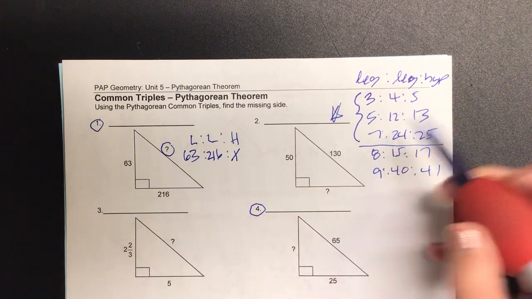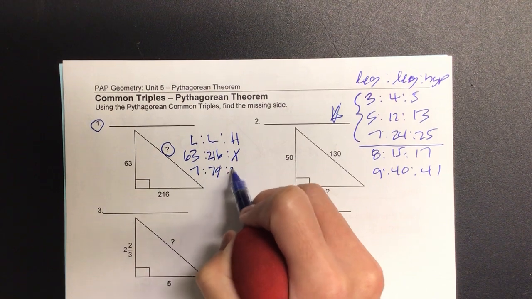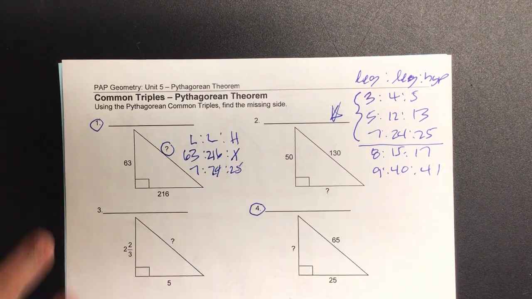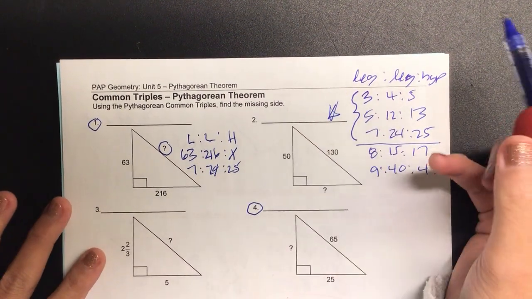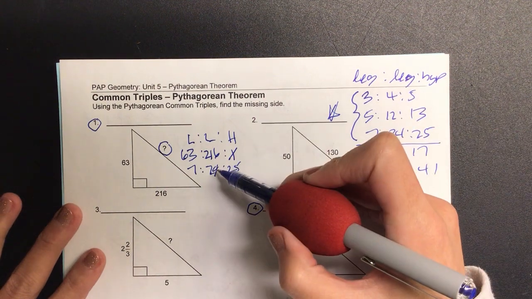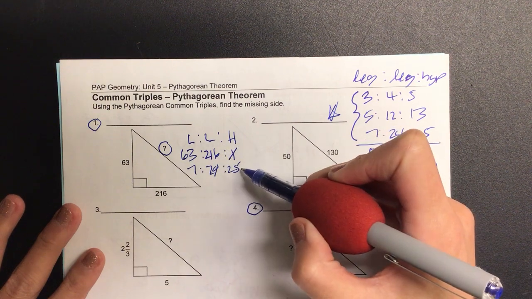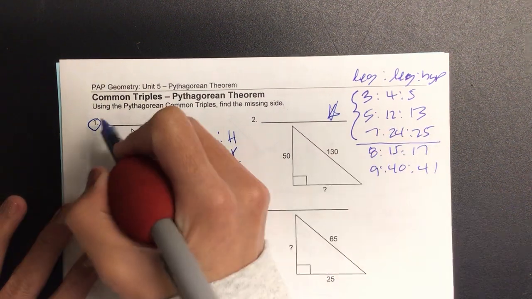No. So then I'm going to go to 7. And since I know that is the answer, I'm going to write it down. Okay. So then, 7 goes into 63 9 times. Do we agree on that? Yeah? 24 goes into 216 also 9 times. So that means 25 times 9 is my unknown x.